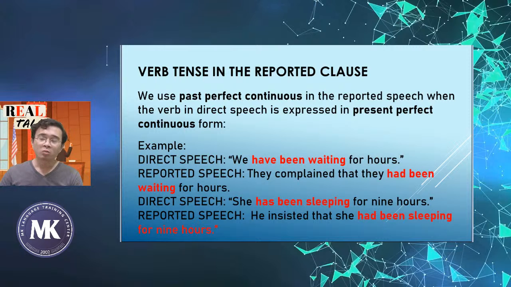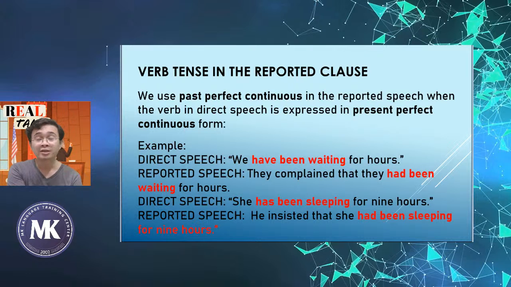Here is another rule. We use past perfect continuous in the reported speech when the verb in the direct speech is expressed in present perfect continuous form. When we say present perfect continuous, we use has, have, been, plus verb-ing of the verb.